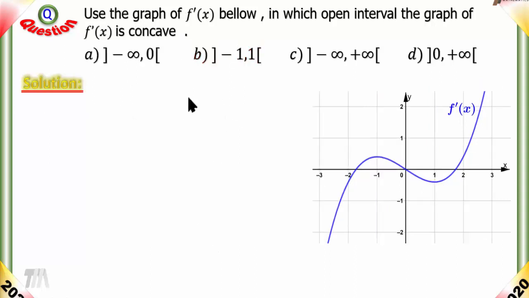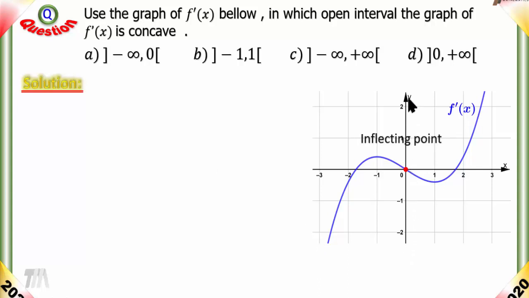Use the graph of the function f prime of x below. In which open interval is the graph of f prime of x concave? To find the concavity of f prime of x, this is the inflection point.